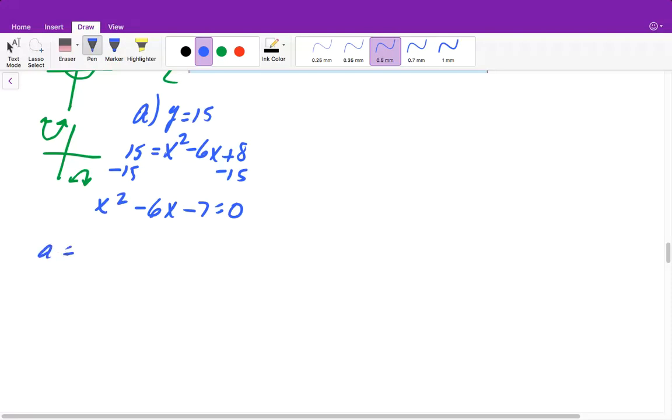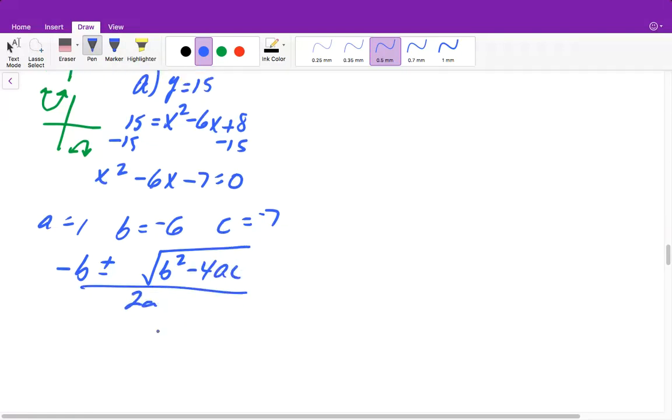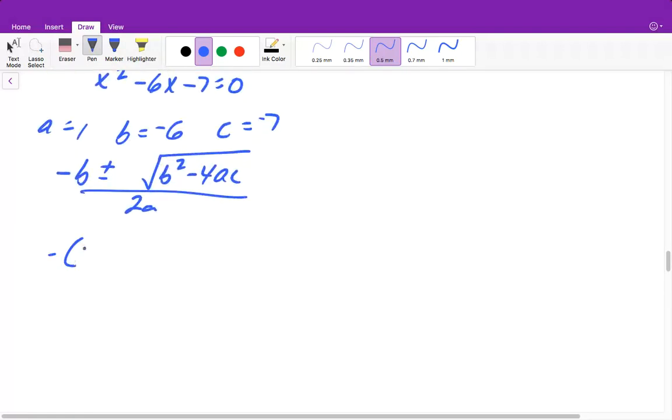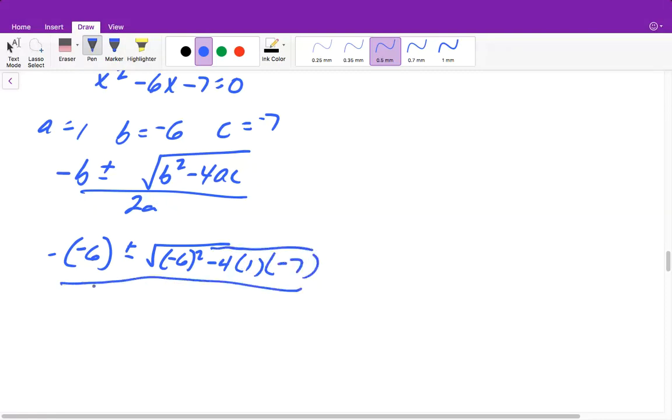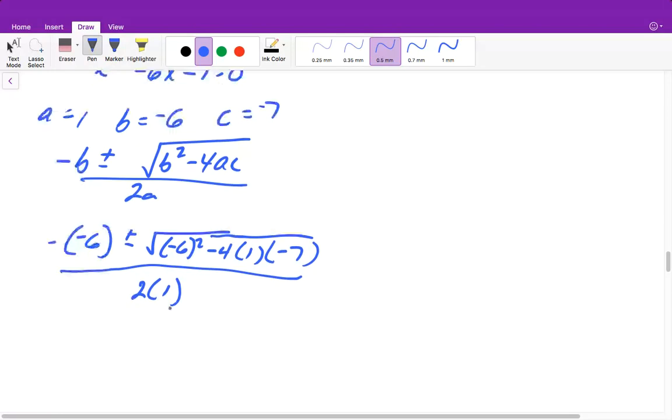So our a is equal to 1, our b is equal to -6, and our c is equal to -7. So our quadratic formula is negative b plus or minus the square root of b squared minus 4ac all over 2a. So that tells me it's negative of -6 plus or minus the square root of -6 squared minus 4 times 1 times -7, all over 2 times 1.